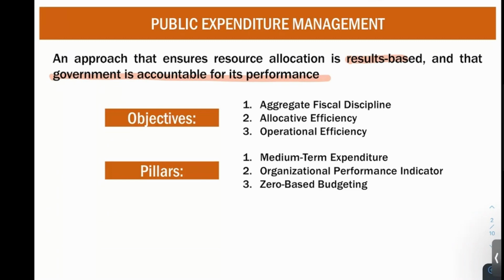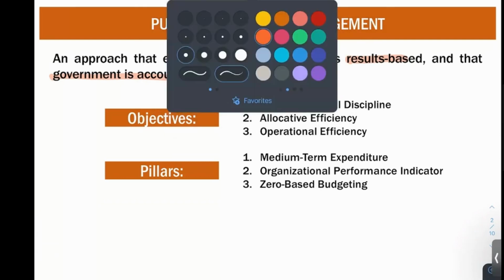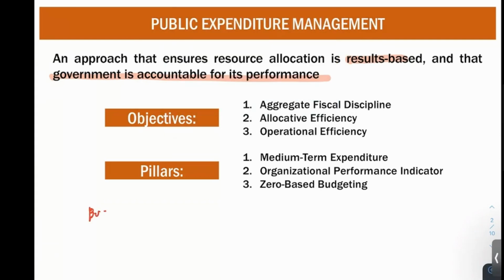So in your public expenditure management, it says that our resource allocation must be results-based. That's why we will learn soon that our budget is based on the previous year's operation of a particular governmental unit. After that, we try to look at it and see if ever there are changes on that certain amounts. So it is results-based.